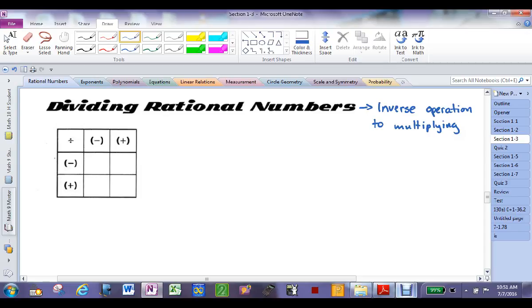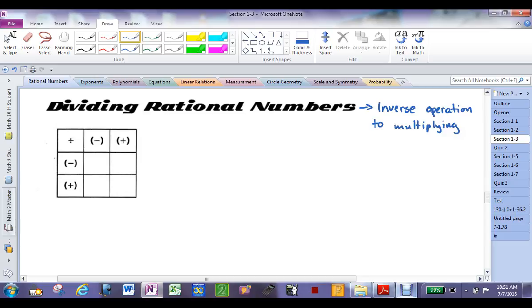Right? So that piece of knowledge means you have to be aware that just like subtraction doesn't really exist, it's just adding the opposite, division is very similar to that. Division is just multiplying by fractions, which is what we're going to do right now.